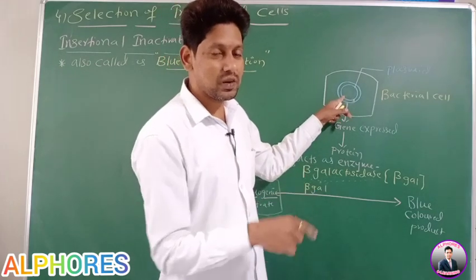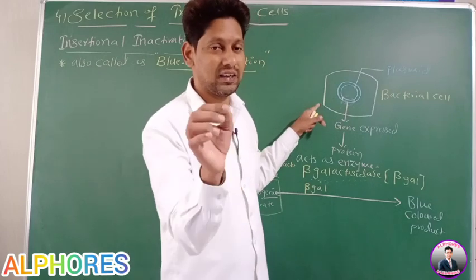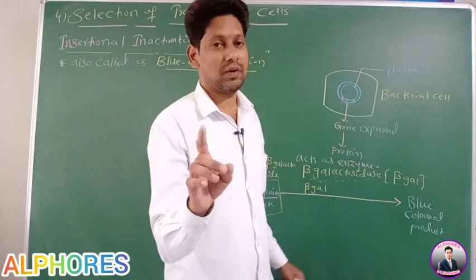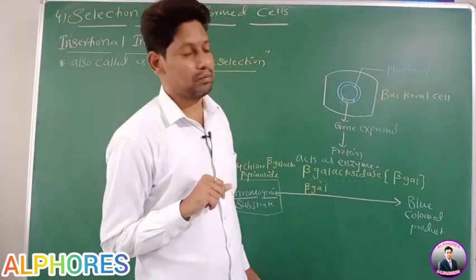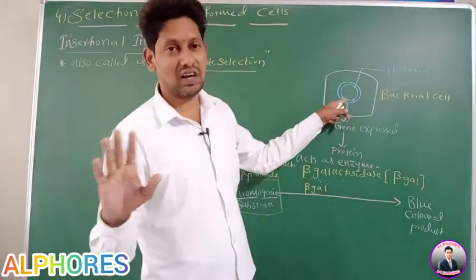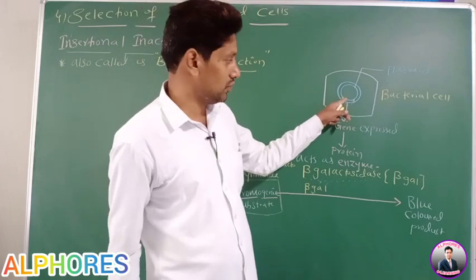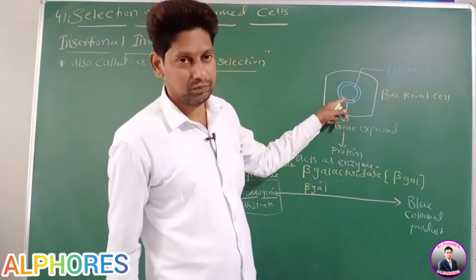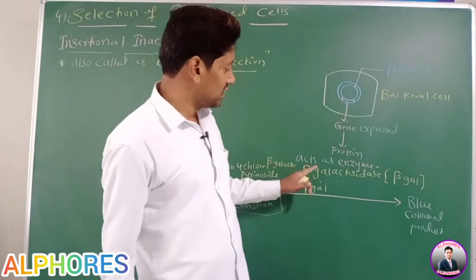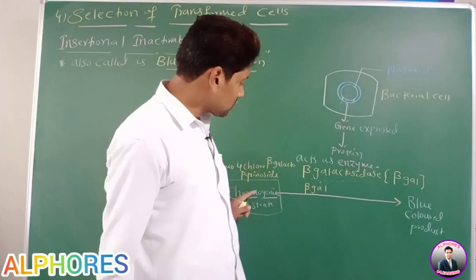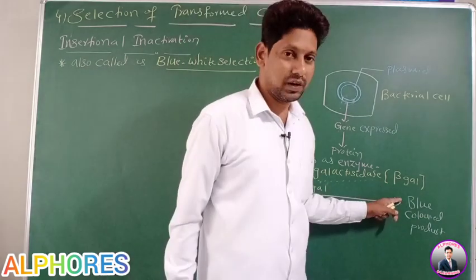If desired gene is present, the cell becomes what, sir? Recombinant transformed cell. Therefore, no blue color becomes a recombinant transformed cell. For example, sir, desired gene is not there. It means the beta galactosidase enzyme producing gene is there. Then automatically this gene is expressed, produces beta galactosidase enzyme, and converts chromogenic substrate into blue colored product.